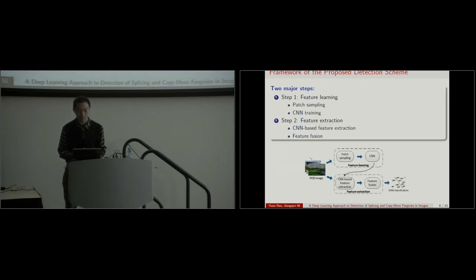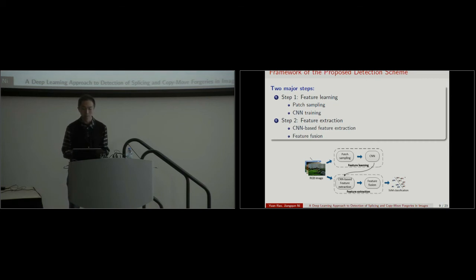Here is the framework of our proposed method. The proposed detection scheme consists of two major steps. One is feature learning, and the other is feature extraction. In step one, we first sample some patches, feed them into the CNN, and train the CNN.